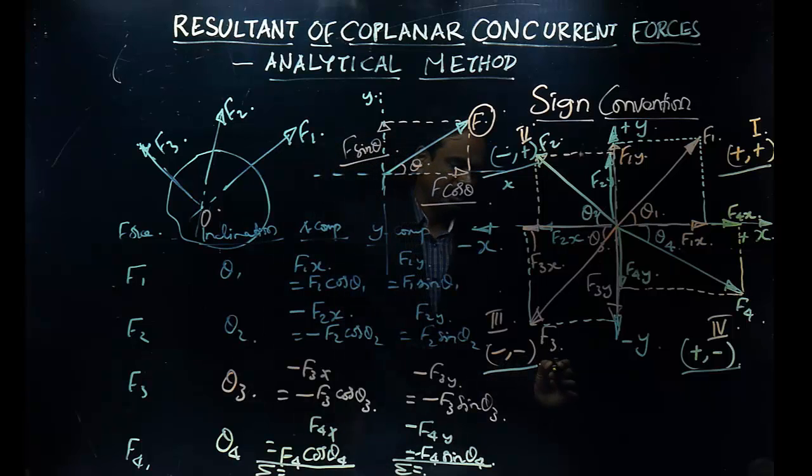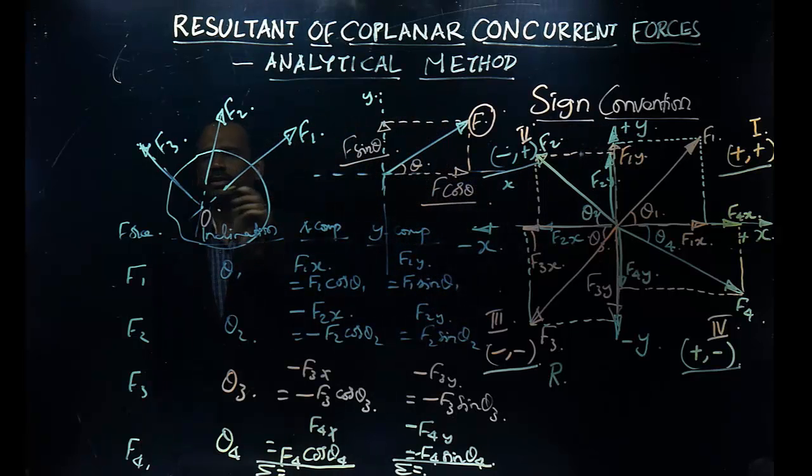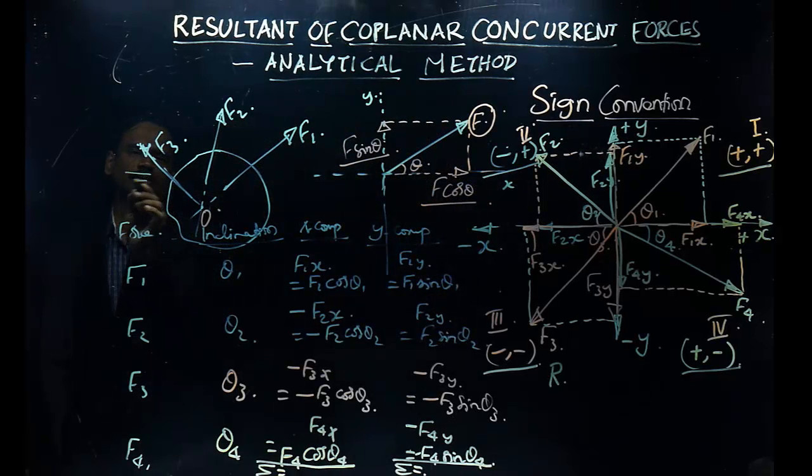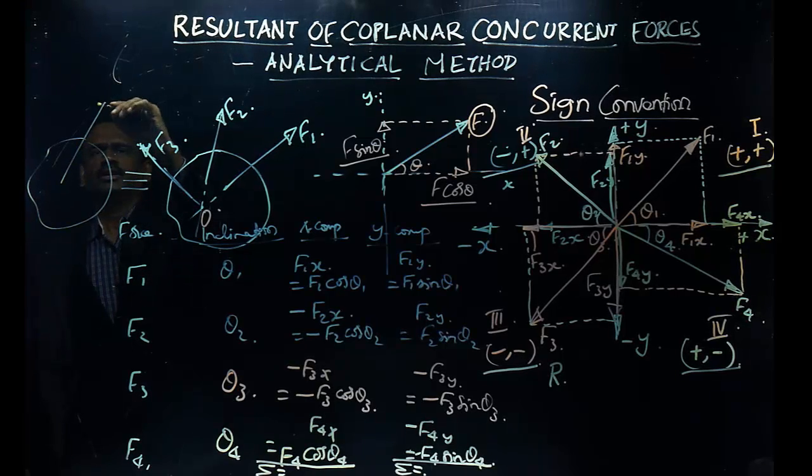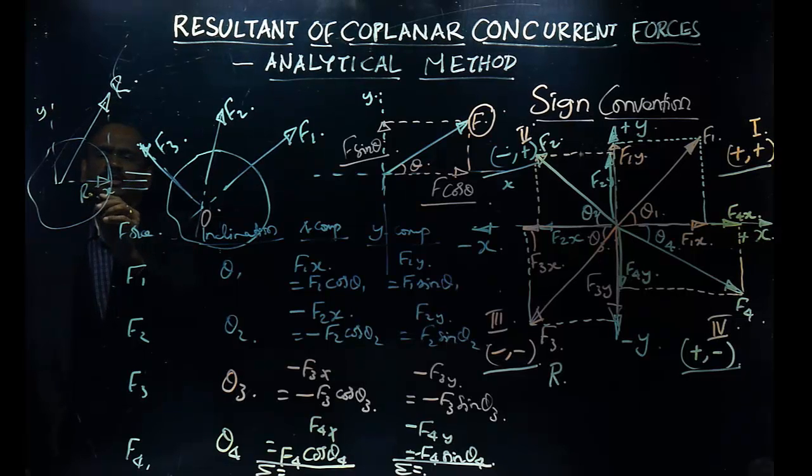Now the resultant will have, let's say R is the resultant of these four forces. It's having a resultant R. Now this will have two components along x and y axis, which we call as Rx and Ry.